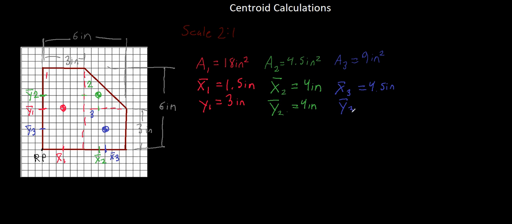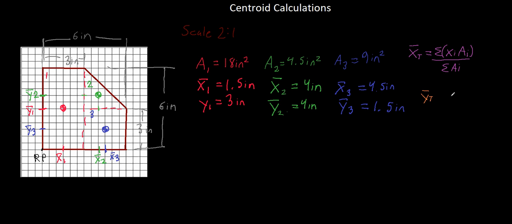What about our y3? Now that we're off our little ramble on our x. What is it? It's 1.5 inches, or 3 squares. 1.5 inches. You remember our formulas for our x and y are both the same. For the x total centroid, it's the sum of all x individuals multiplied by the area individuals divided by the sum of all area individuals.